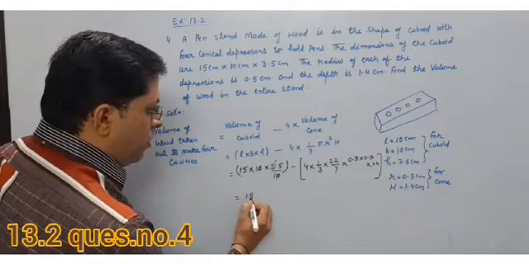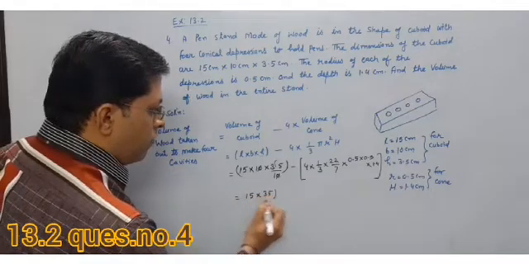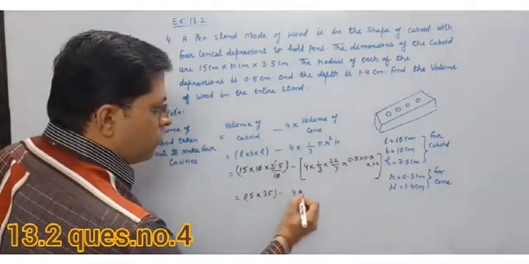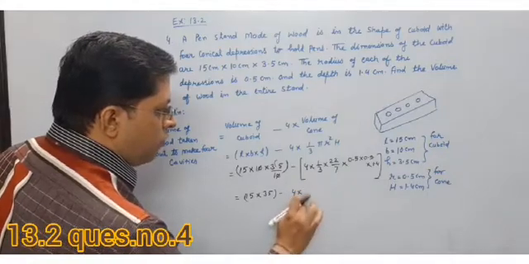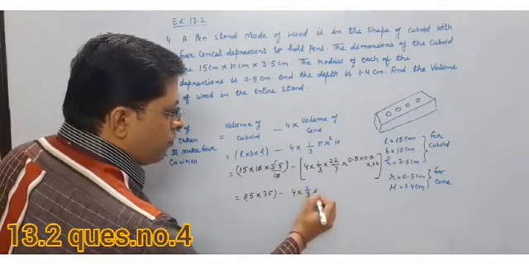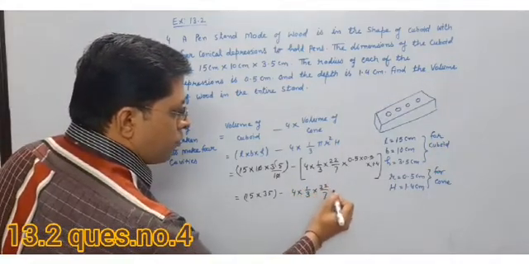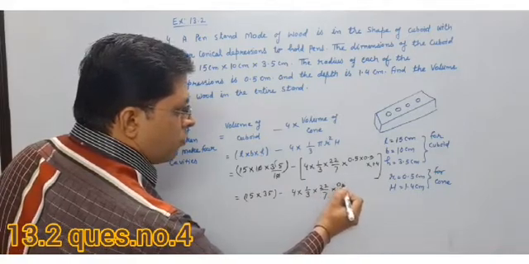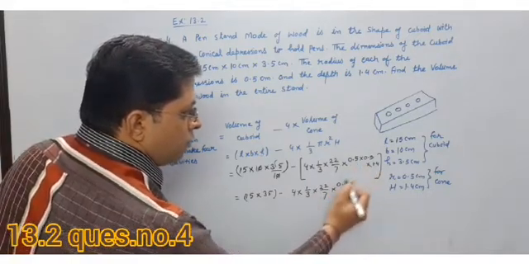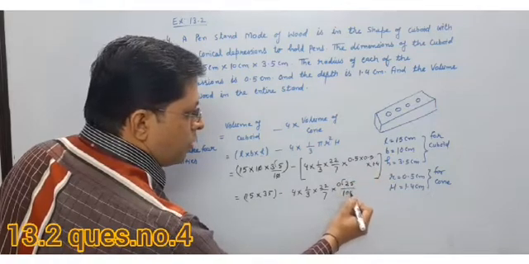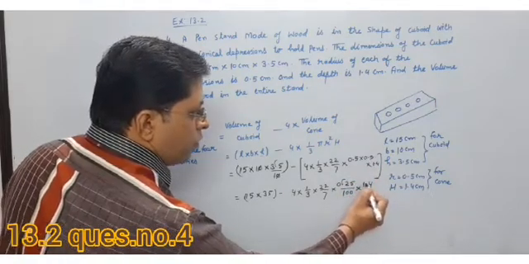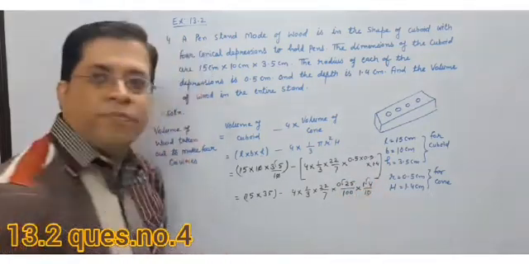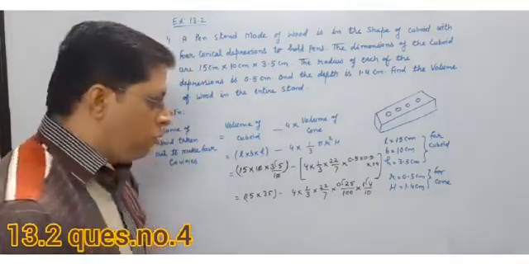This is 15 into 35 here. See, I am trying to simplify. This is 0.25, this is upon 100 and 1.4 upon 10. Like this you have to solve.